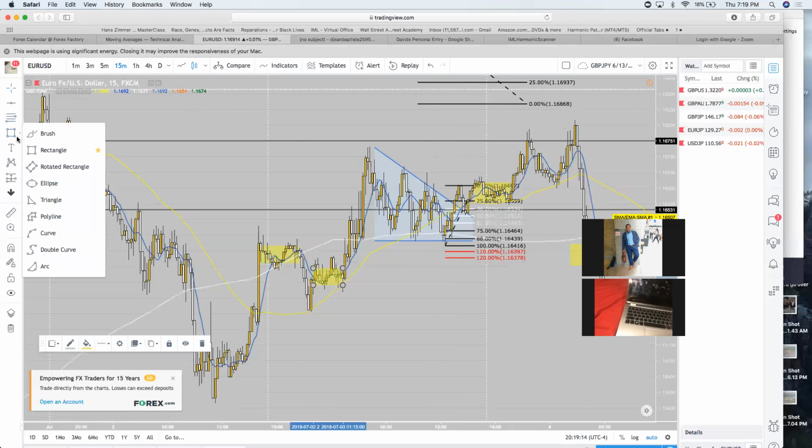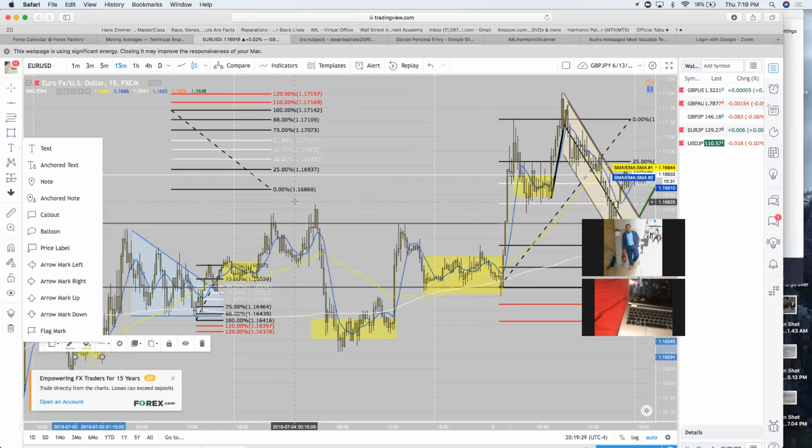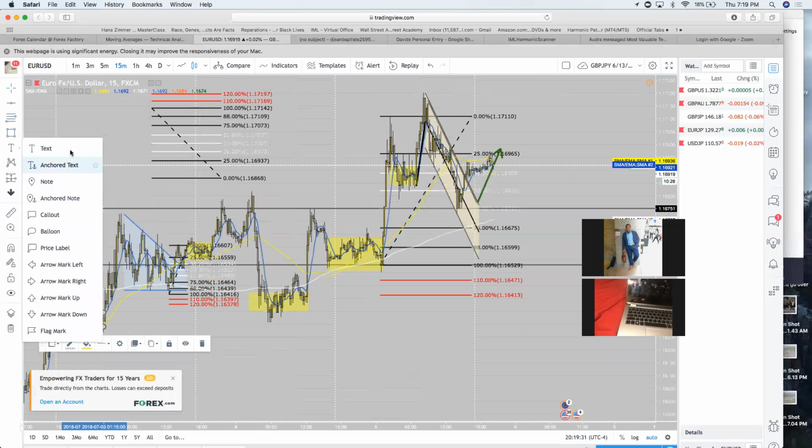All right? So I don't use polyline or curves or any of these, but you're able to use it just in case you want to use it. All right, so we're gonna go to text. Text gives you the option of writing things down, so in the future you understand what is going on in the market.